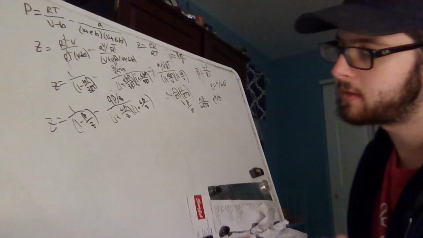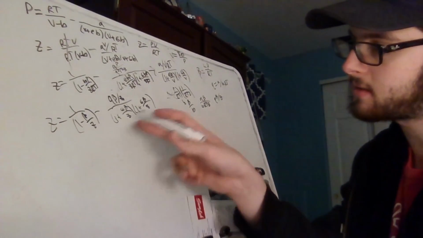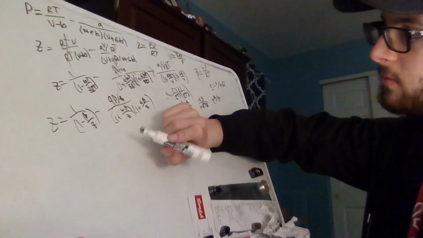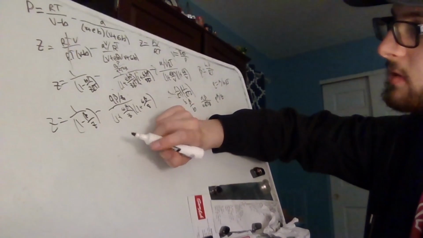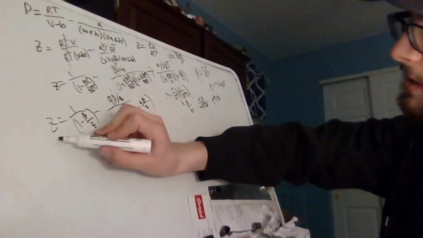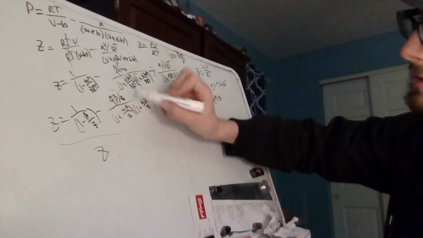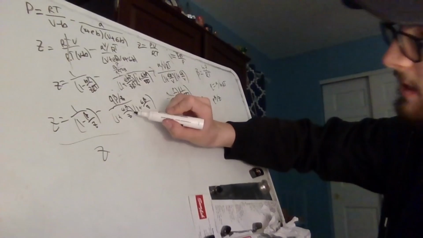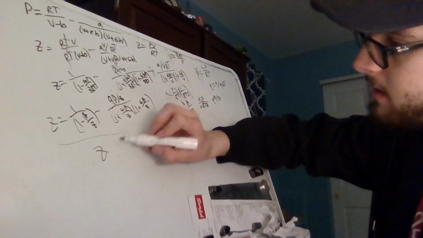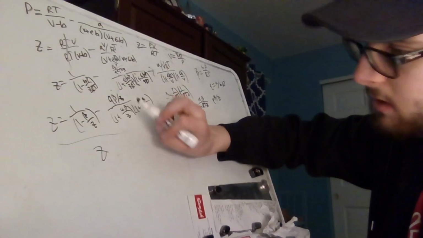And so what you'll notice is that we've got Z's all throughout here, right? And we don't want Z on the bottom when we are making a polynomial. So we're going to divide everything by Z. So this has already got a Z here, and that'll cancel out. That will multiply in here, so I'll write this out.